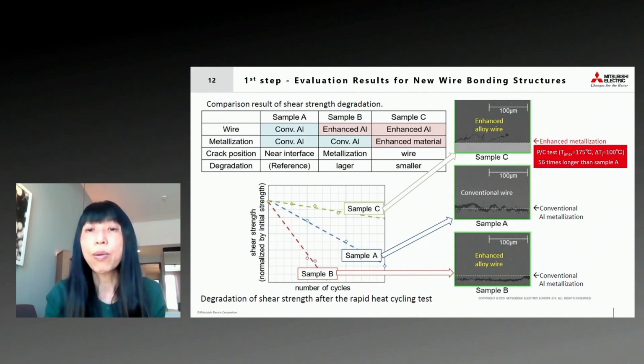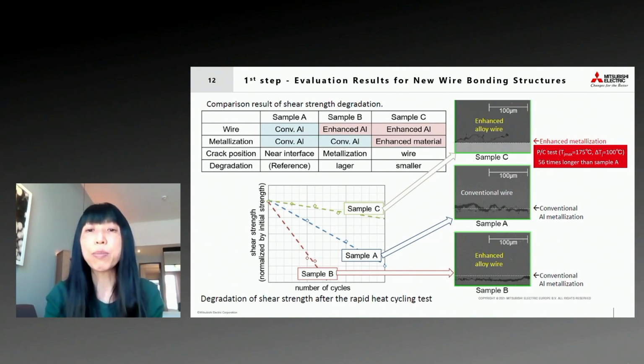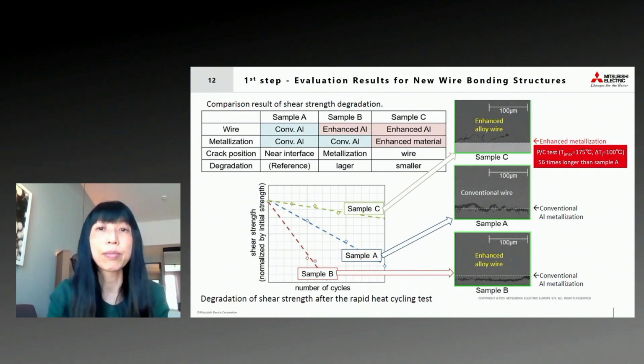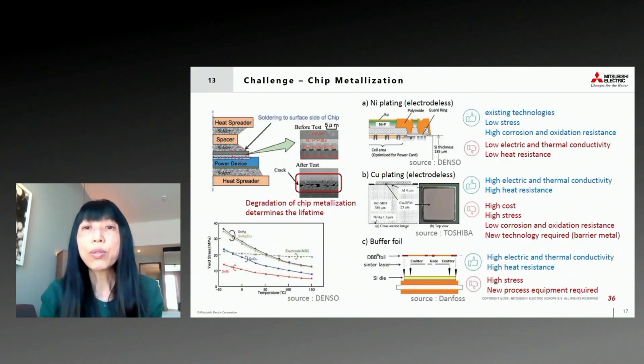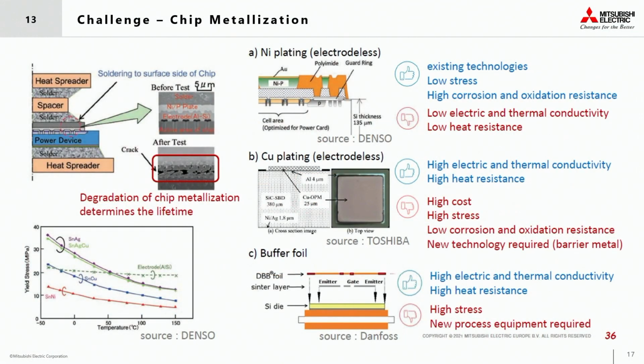Therefore, in C, where the metallization layer was also enhanced, the strength drop was improved compared with A and B. This C has a power cycle life 56 times longer than conventional A, with Tj max 175 degrees and delta T 100. We found that applying enhanced wires also requires enhanced metallization on the chip surface.